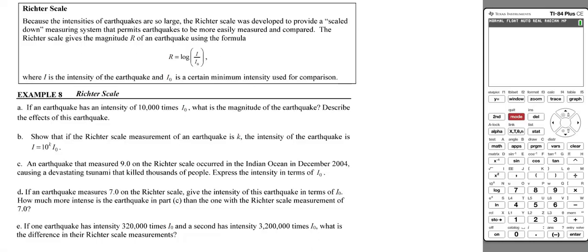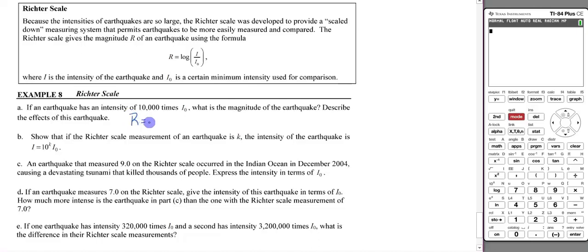I is the intensity of the earthquake, and I sub O is a certain minimum intensity that is used for comparison. In example 8, we deal with the Richter scale. If an earthquake has an intensity of 10,000 times that minimum intensity I sub O, what is the magnitude of the earthquake? We can figure this out.